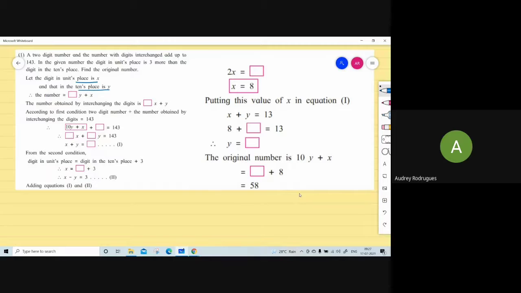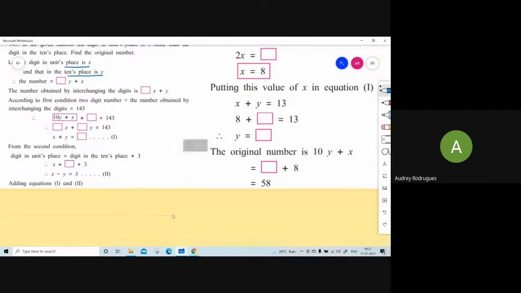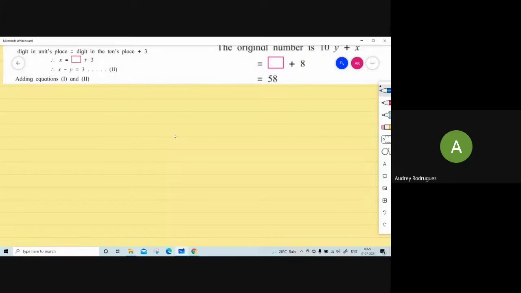Now, before we begin with solving the question, I need to explain some concepts which are very important. Suppose we have the number 72. How do we write this number? 70 plus 2. You will have 2 in the units place, 7 in the tens place.